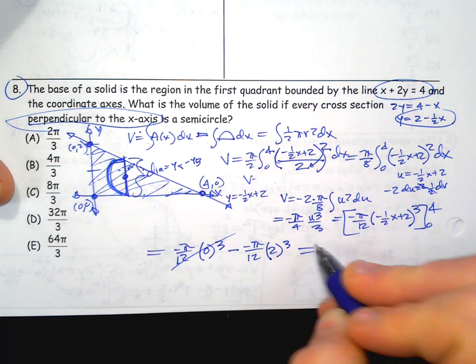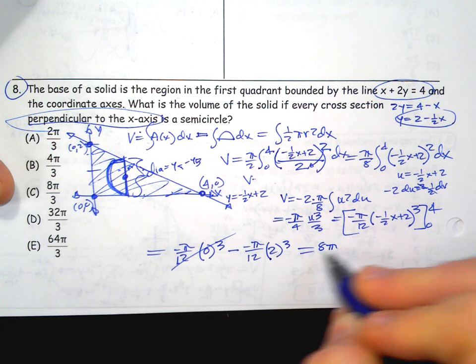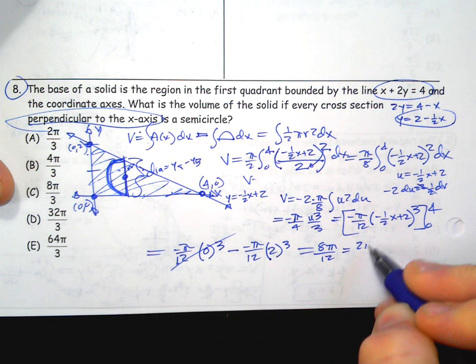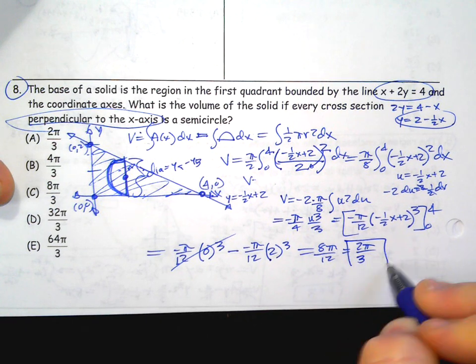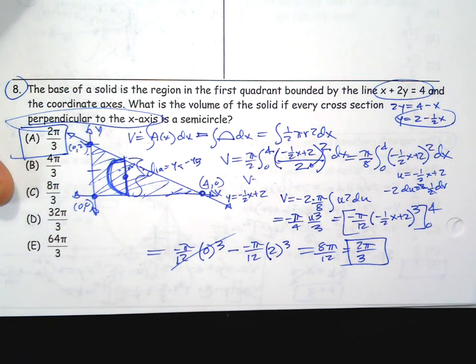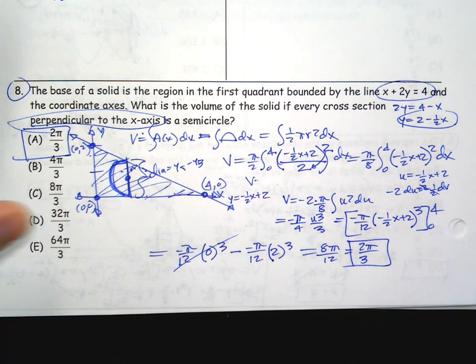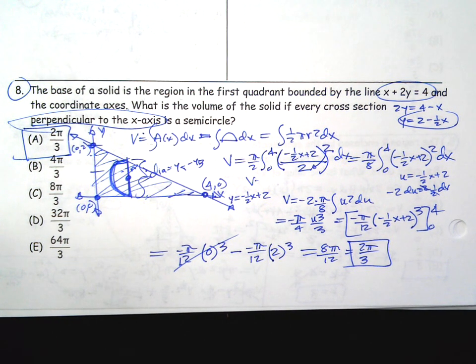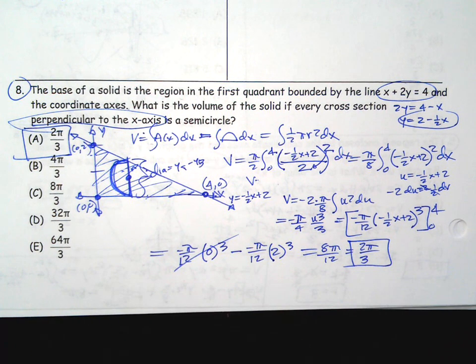Should come out positive, 8 pi over 12 or 2 pi over 3. 2 pi over 3, A. But you shouldn't get negative answers for area and volume, by the way. If you ever get a negative answer, clearly something's wrong. Now, if we were to do it with perpendicular y-axis slices, which you shouldn't on this problem, you would get a different answer. But okay.